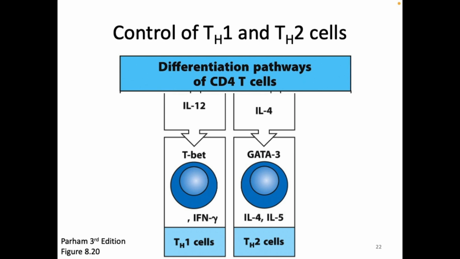That turns on the transcription factor. It tells that naive T cell to start making a transcription factor known as TBET. And then the effector cytokine that will be made by the Th1 cell is interferon gamma.